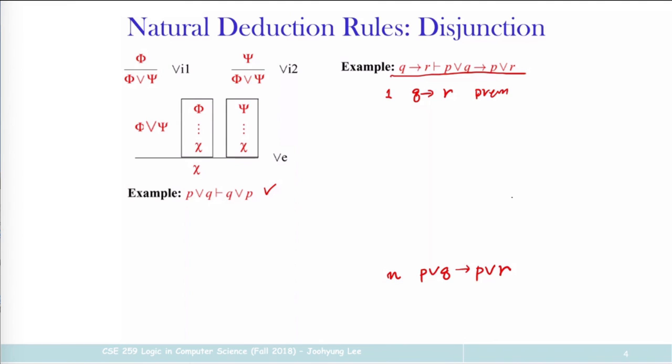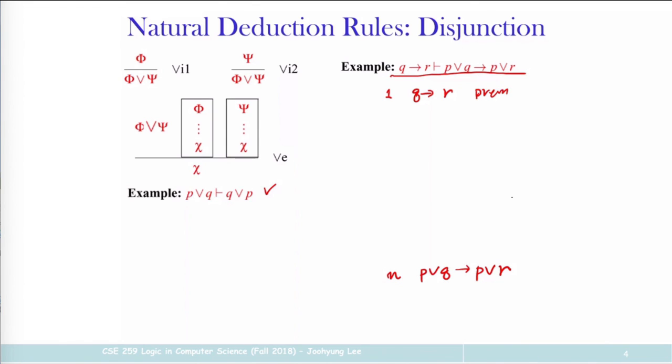How do we fill the gap? It's not so obvious, right? Look at the goal. The goal has an implication, right? So which rule should we use just before the last line? To derive the last line, which rule do we have to apply?